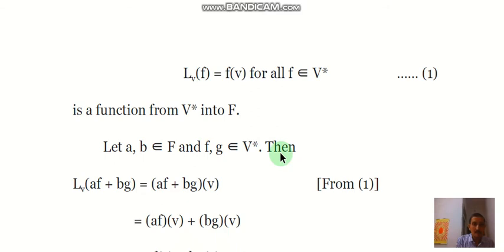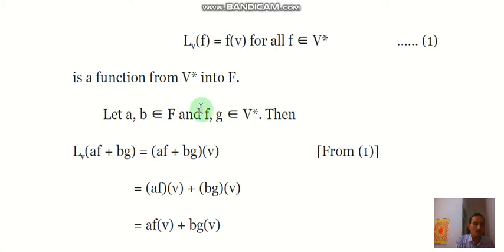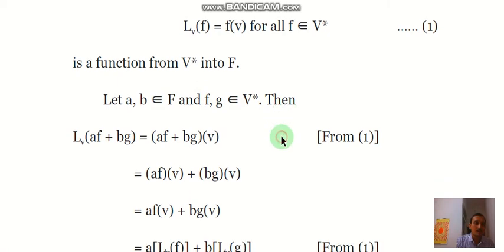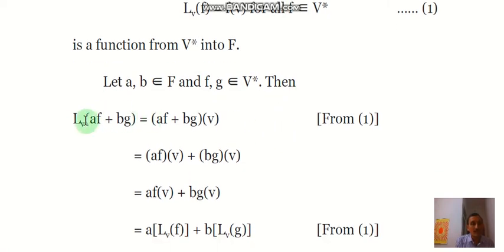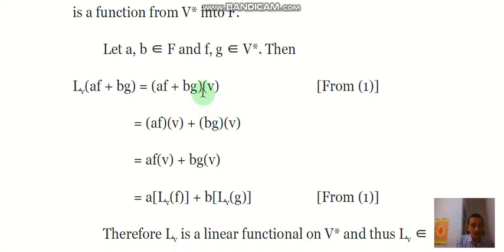So next we check the property of L_v, whether it is linear or not. For this, let a, b belong to F and f, g belong to V*. Then by the definition, L_v(af plus bg) equal to (af plus bg)(v). Now we can open this bracket using the property of linear functionals.